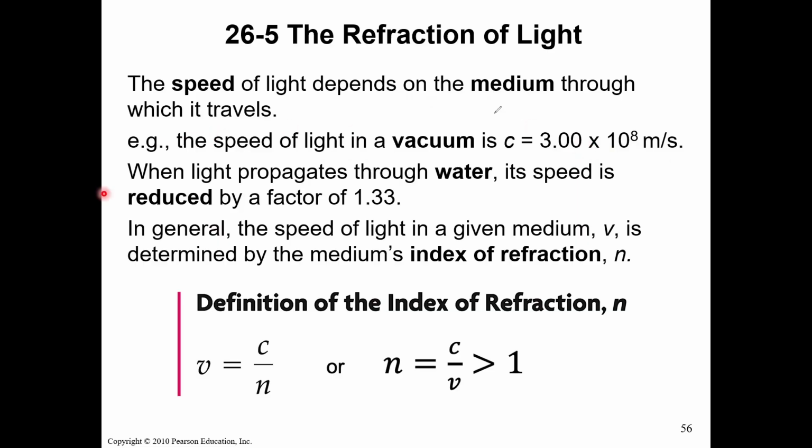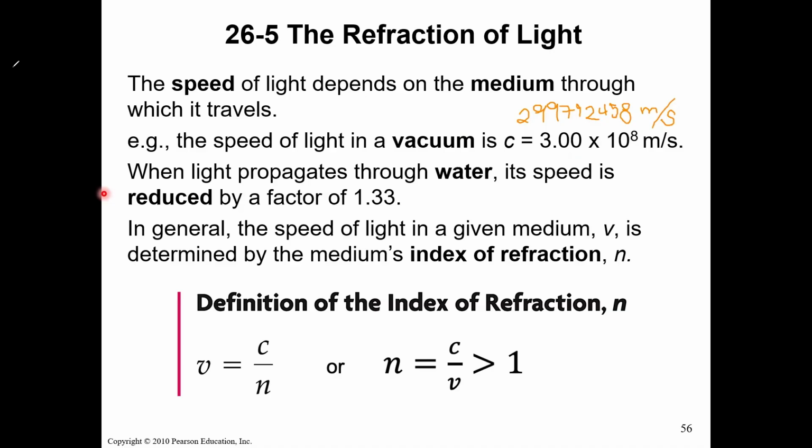We actually learned that it is an exact value. This is because we defined the meter in the SI unit with the speed of light, so that the speed of light is exactly this much.